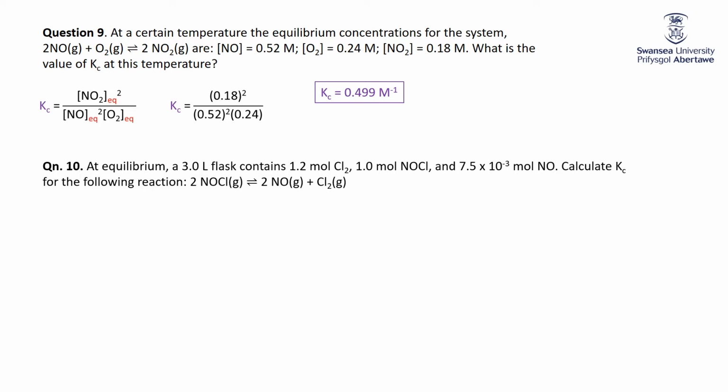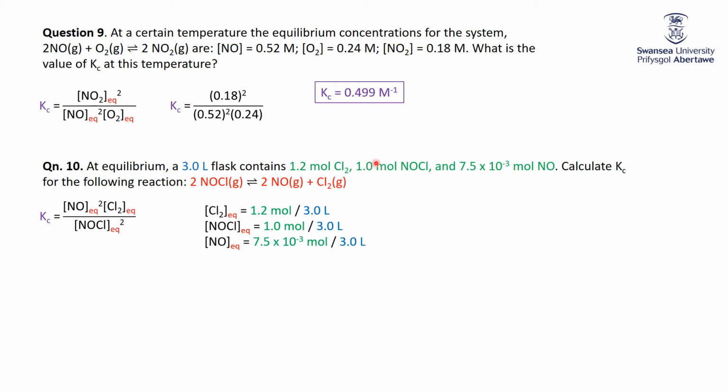Okay, question 9 or 10. At equilibrium, a 3-litre flask. Notice that 3-litre flask contains this many moles, this many moles, this many moles. Calculate Kc. Well, again, here's Kc: NO squared, Cl2, all at equilibrium divided by NOCl squared. Okay, and let's see what we have. We're told at equilibrium, so at equilibrium, this says Cl2 is 1.2 moles in 3 litres.